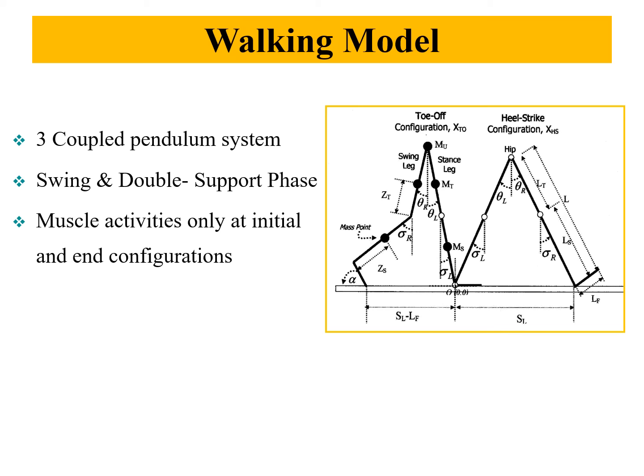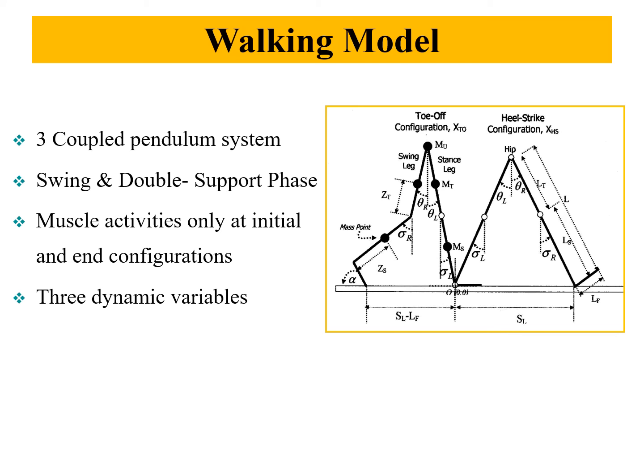Your muscles do not have to be active in the swing phase. So when you walk, you should not be consuming energy in the muscles. They intervene only when you're hitting the ground, and at toe-off and double support. In the swing phase, gravity is taking control.